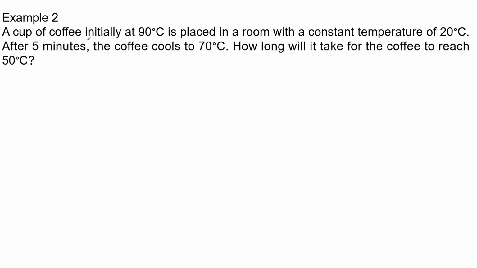A cup of coffee initially at 90 degrees centigrade is placed in a room with a constant temperature of 20 degrees centigrade. So you see the coffee has a temperature of 90 degrees centigrade and is placed in an environment where the temperature is 20 degrees centigrade. After 5 minutes, the coffee cools to 70 degrees centigrade.